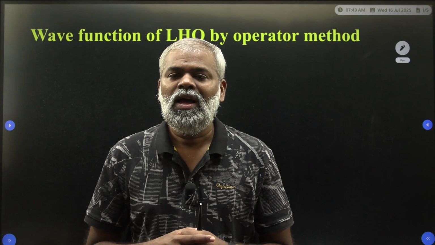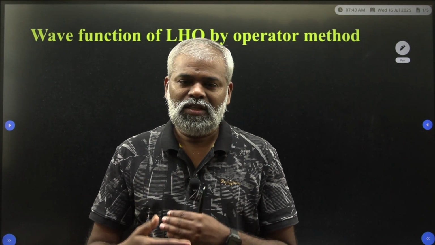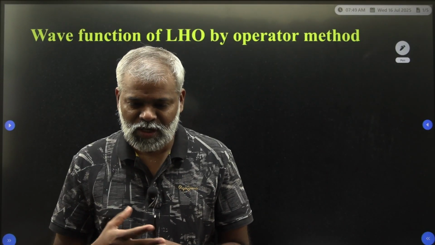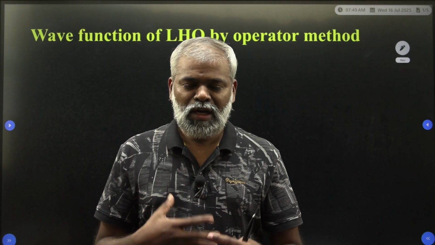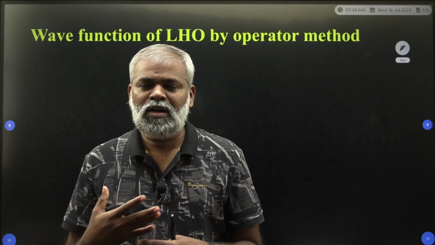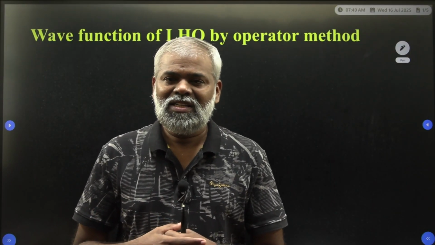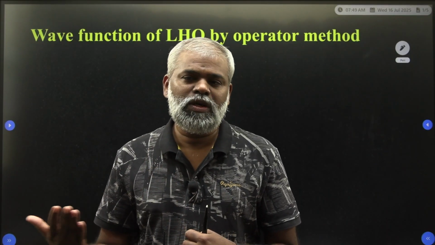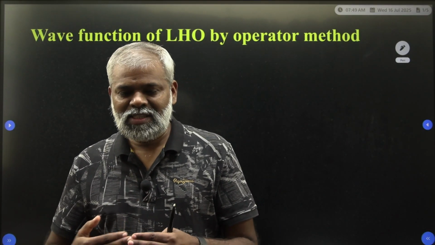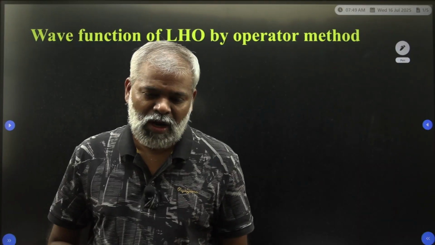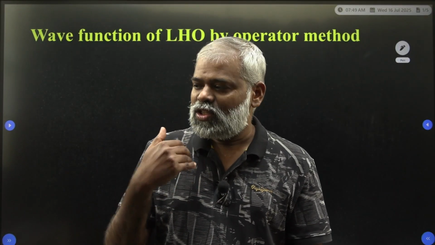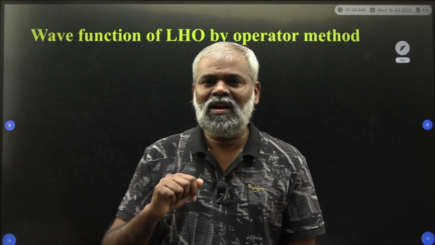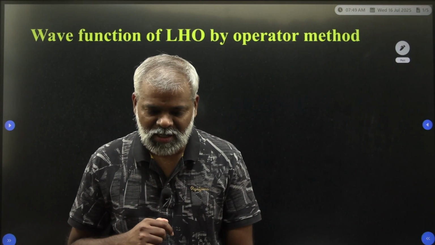Clear? Later, under the motion of a central potential, we will discuss angular momentum, spin angular momentum, spin particle systems, and spin particle connections. That is the entire different version we have to learn. So I need to take 4-5 classes already. This is the third class, the linear harmonic oscillator.